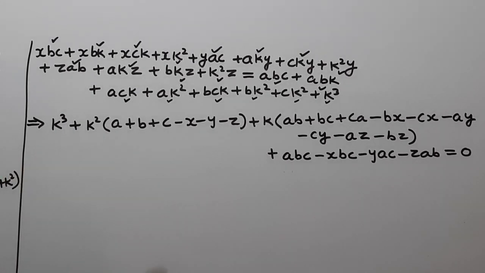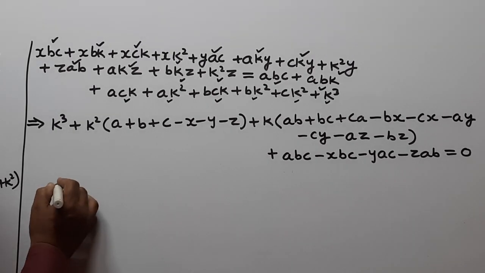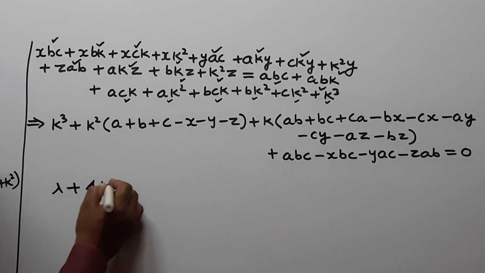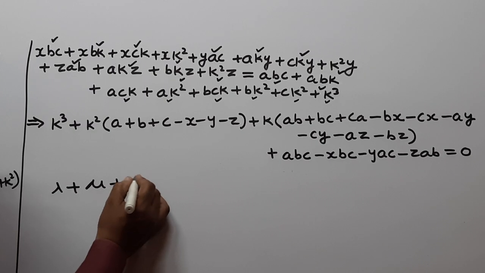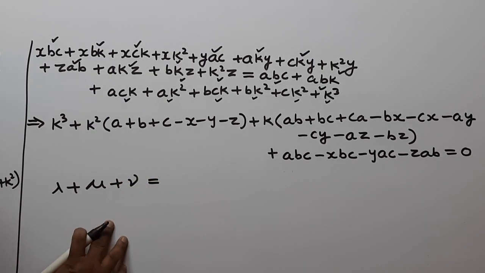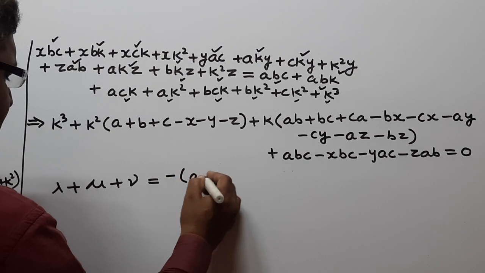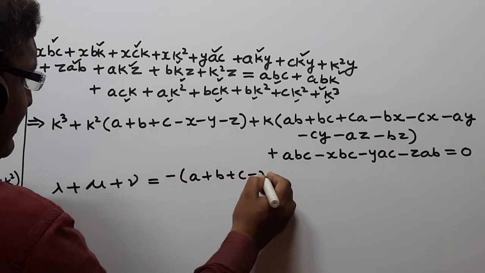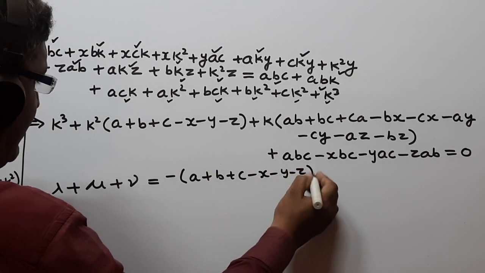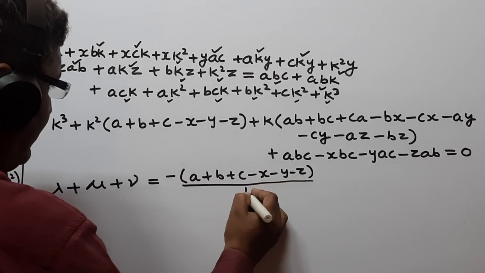So this has three roots, and the three roots are given here, lambda, mu and nu. First we find the sum of the roots, lambda plus mu plus nu. This is minus times (a plus b plus c minus x minus y minus z) divided by 1.